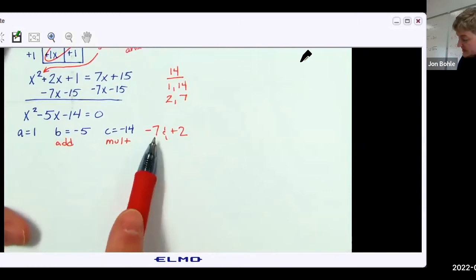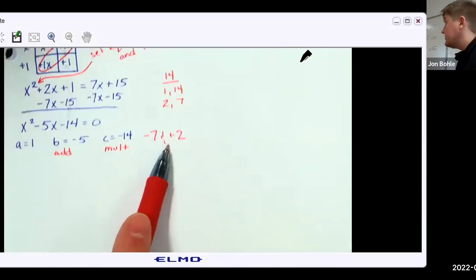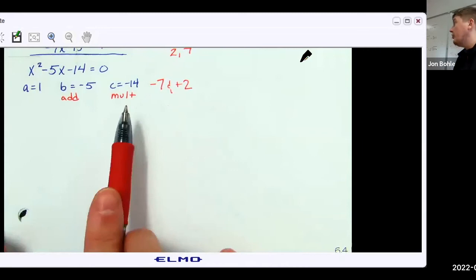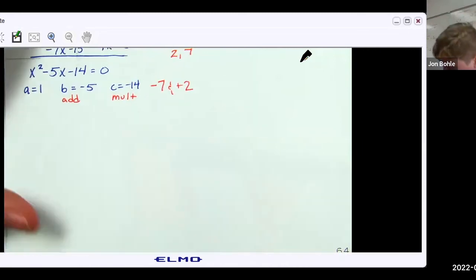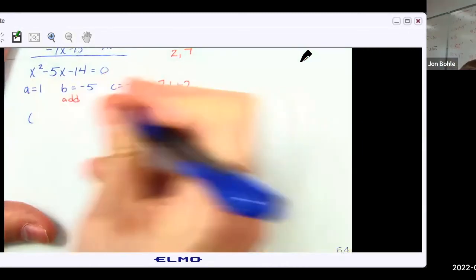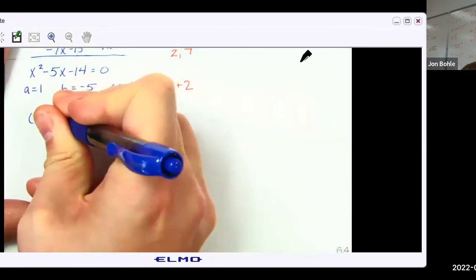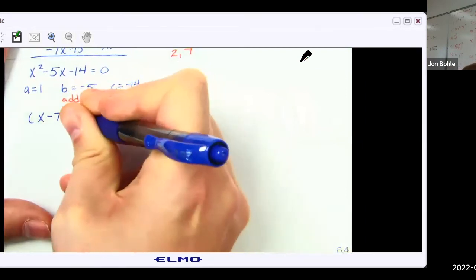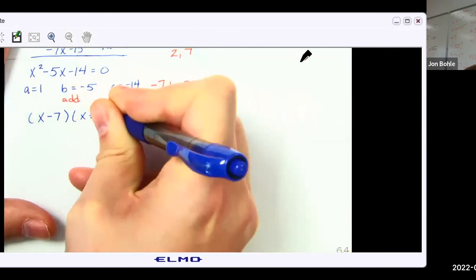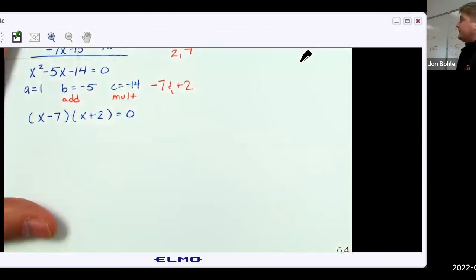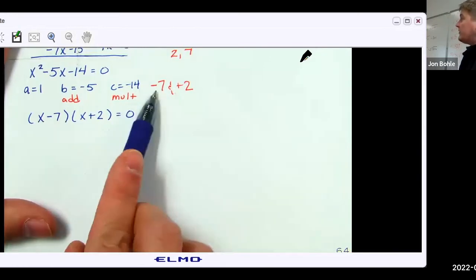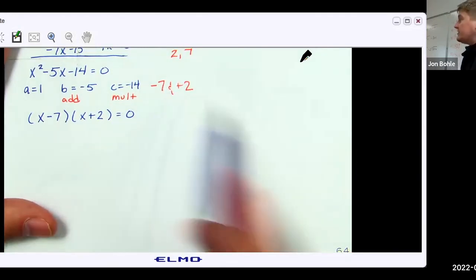So since these are my factors in the multiply to c, add to b combination, we're going to get x minus 7, x plus 2. These are each a factor, right? The -7 and +2.